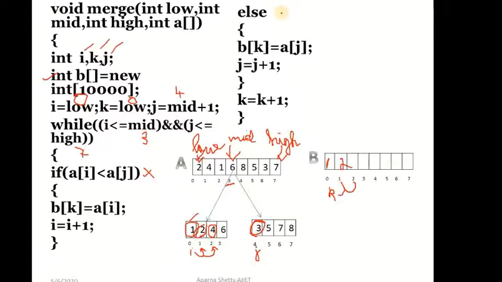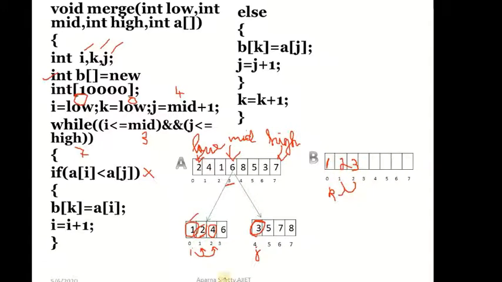In the else part, B of k is equal to A of j. Comparing 4 and 3, which is the smallest? 3 is smallest. So in B of k you will put the smallest element, that is 3. B of k value was 2, so B of 2 is equal to 3 now.